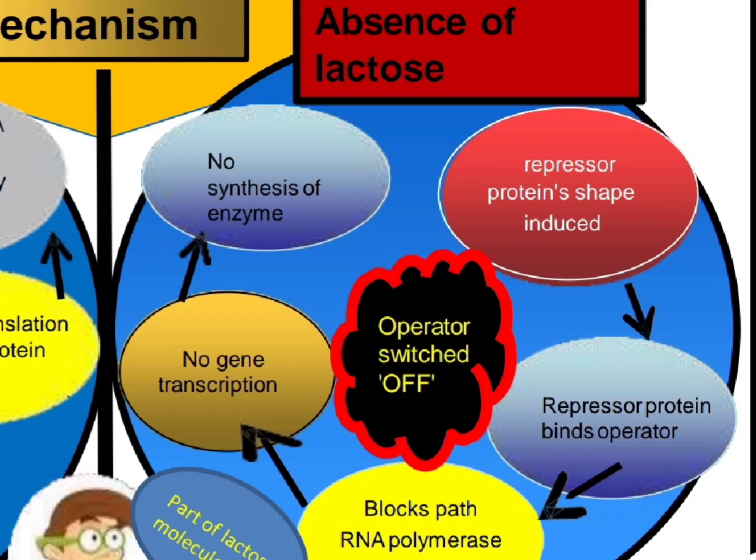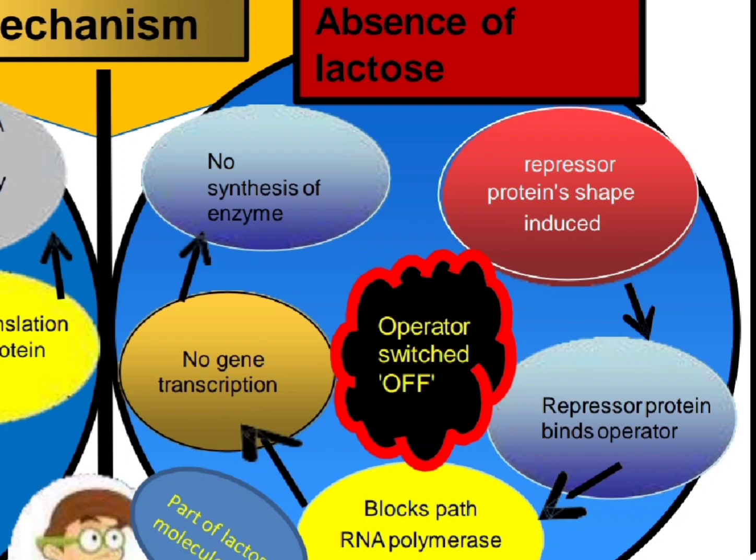Well, let's now check how it works in the absence of lactose. First, the repressor protein shape is not interfered with as there is no allolactose or lactose present in the surroundings.